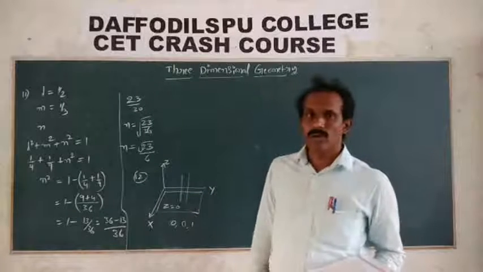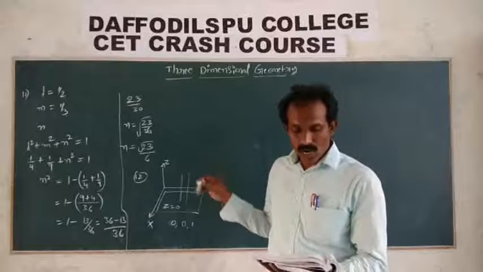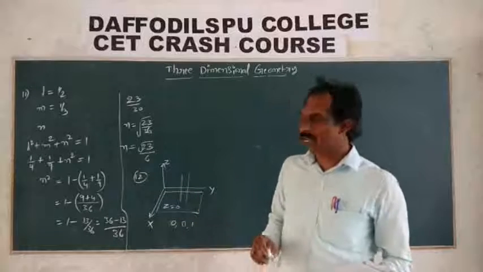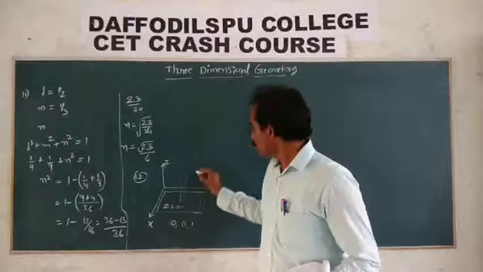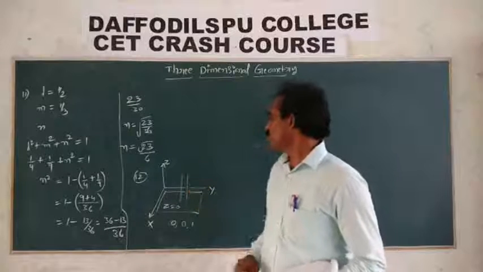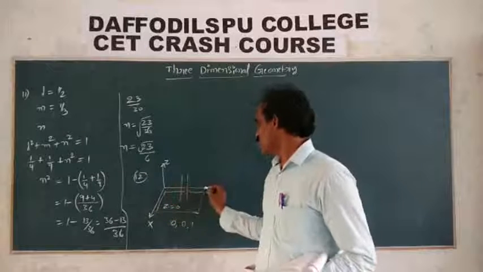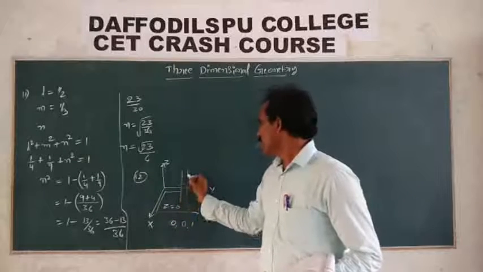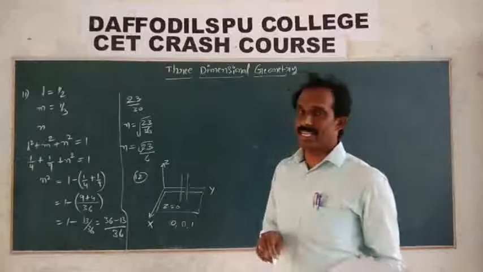For this plane, any normal is parallel to the z-axis, and it is perpendicular to x and y. So parallel means 0 degrees, and perpendicular means 90 degrees and 90 degrees.